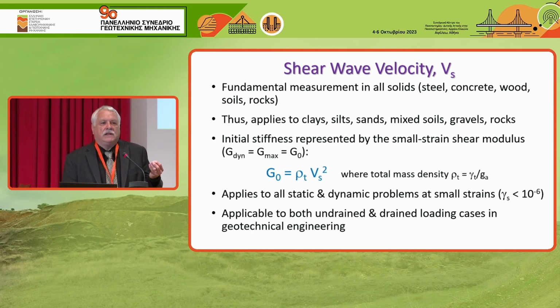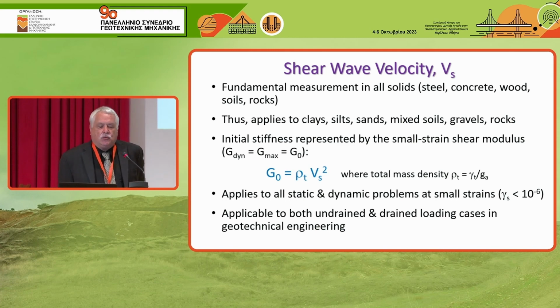You can do shear wave velocity measurements of clays, silts, sands, silty sands, mixed soil types, gravels, fractured rock, intact rock, mine tailings. Some people even use it on municipal solid waste, MSW. So it's like one of the only tests that you can run on all the geomaterials, and I think that's what makes it so valuable.